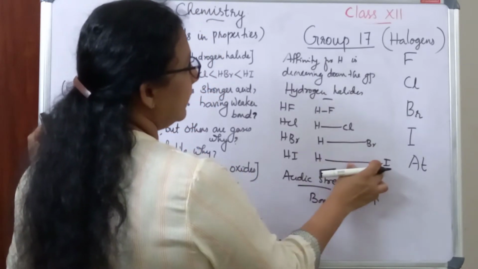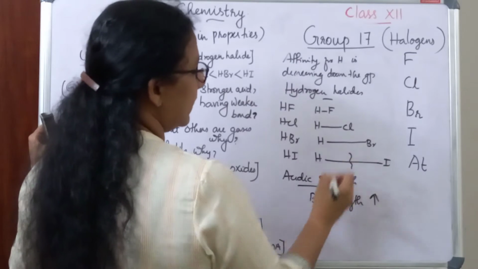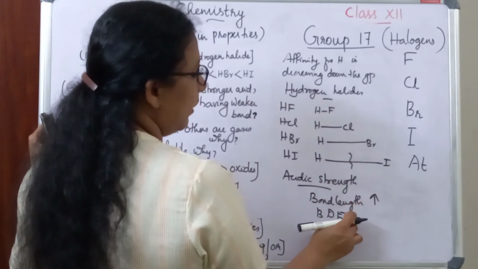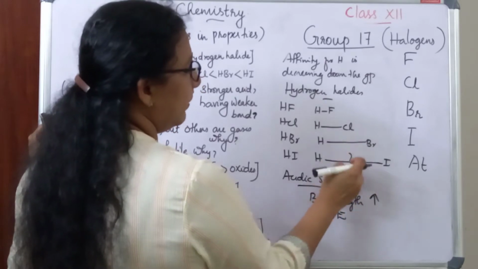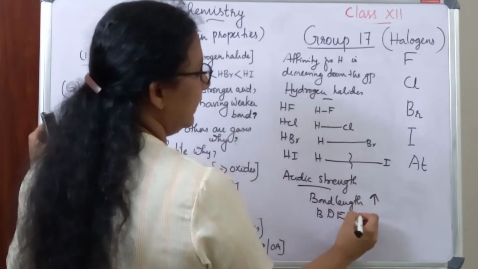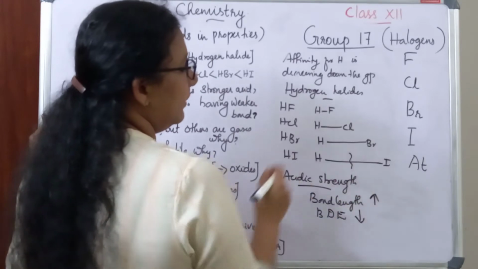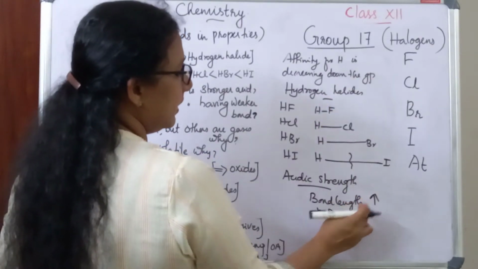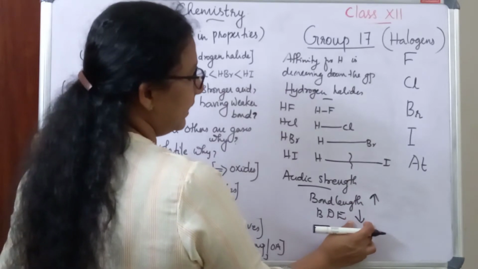When bond length increases, bond dissociation enthalpy, or the amount of energy required to break the bond, will be less as we come down the group.